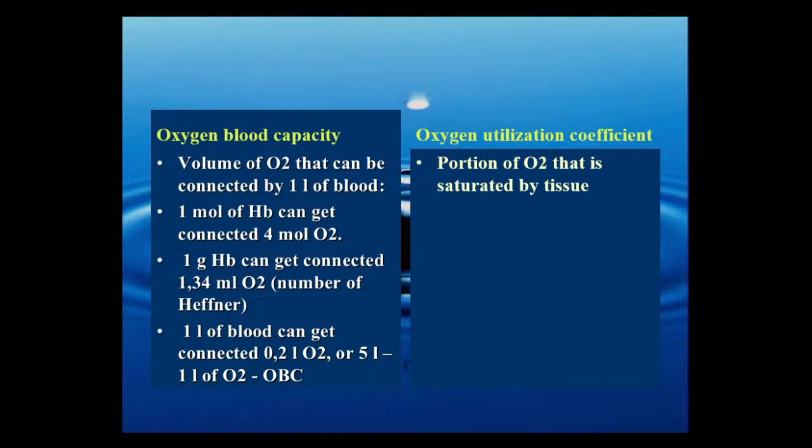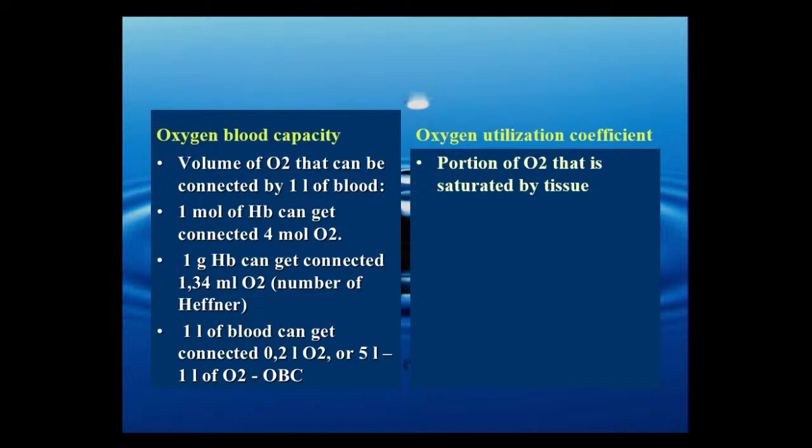Some terms which we use in order to describe this process: oxygen blood capacity, it's the volume of oxygen that can be connected by 1 liter of blood. In order to determine this capacity, we need to know that 1 molecule of hemoglobin can connect 4 molecules of oxygen.